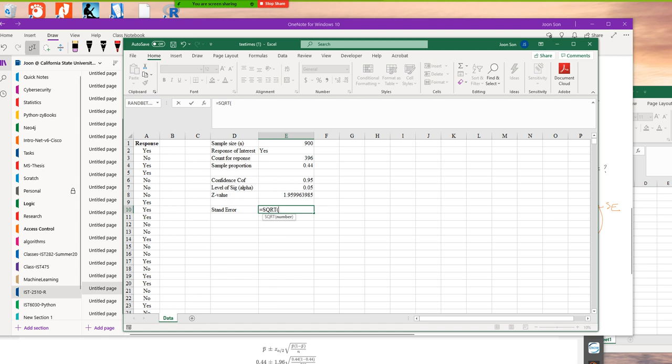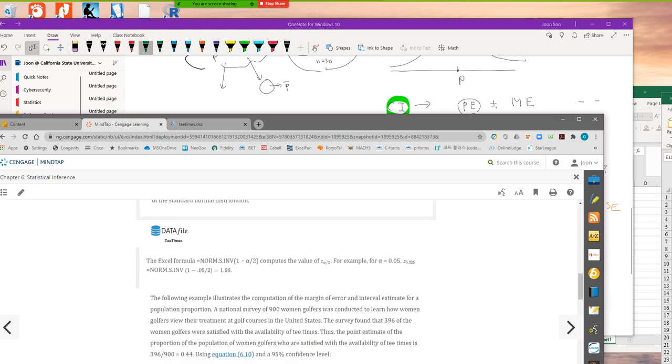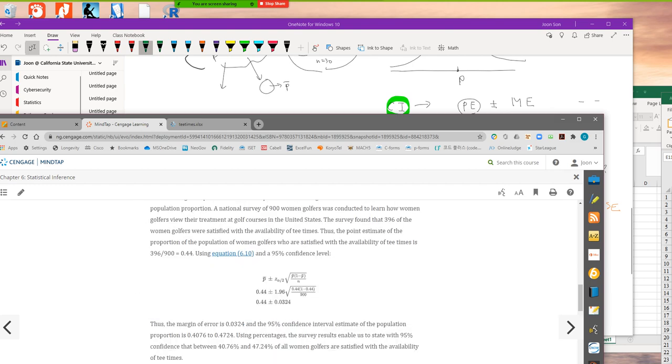What is p bar here? It's the sample proportion, which is 0.44, E4, multiplied by 1 minus E4, and then divided by the sample size n, 900. And that's your standard error. It's 1.16. Let's see if that's right. Do they really show that? No, they don't really show it, but we can check the marginal error later on.